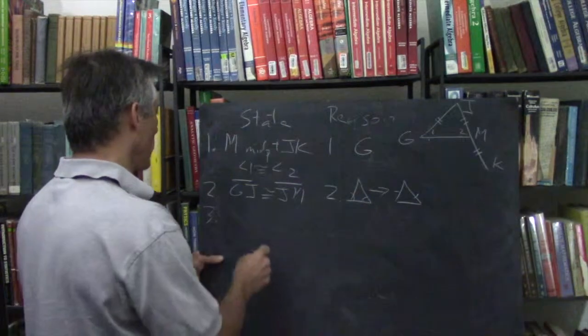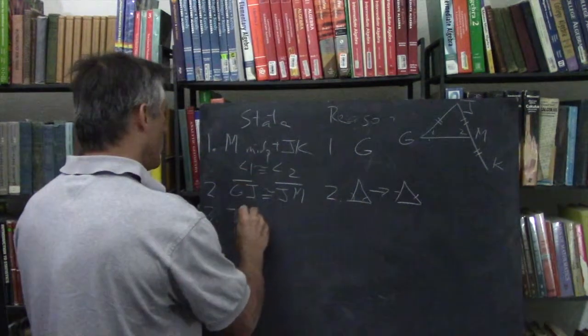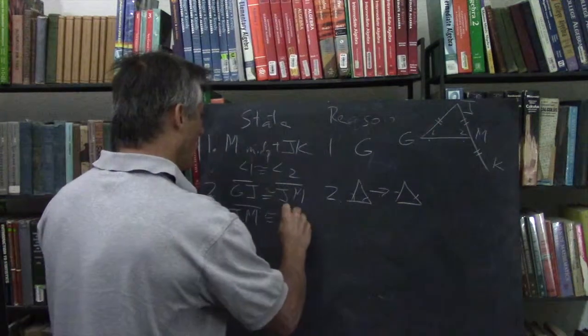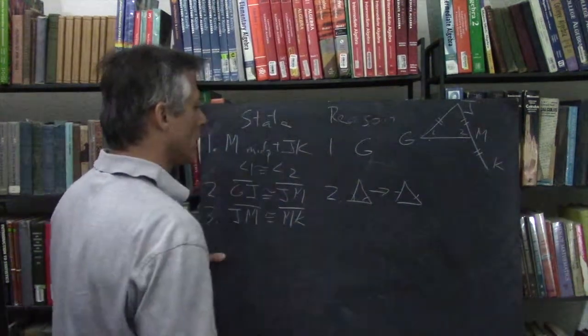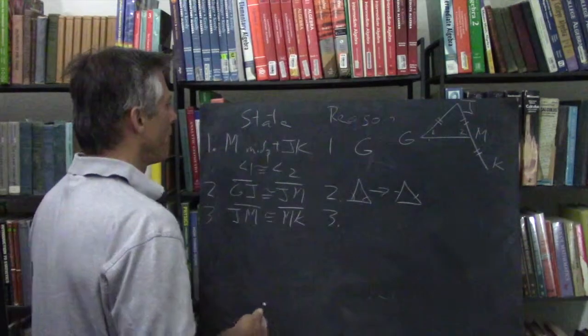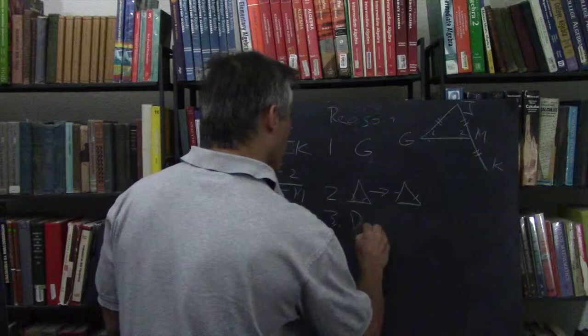Now we know that JM is congruent to MK, and that's from the definition of midpoint.